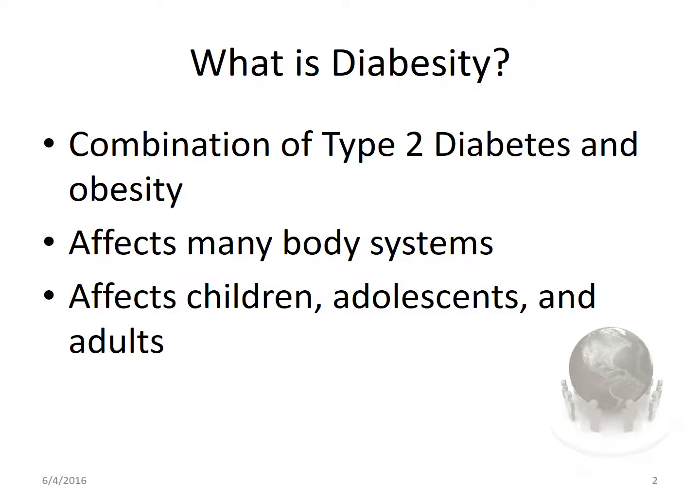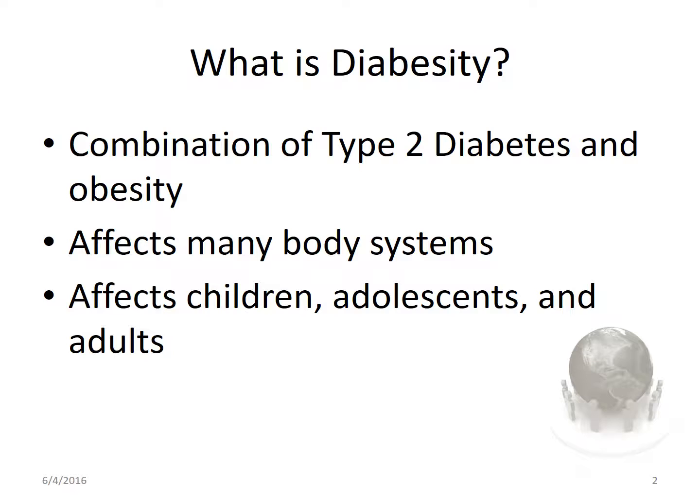The term diabesity can be used to define the majority of obese people with type 2 diabetes. The combination of these two diseases is especially hard on the body, as I will describe today. Unfortunately, today's world can be detrimental to children, and negative effects such as hardened arteries and diabetes have been found in young children. Each body system and how it is affected by diabesity will be discussed throughout this presentation.